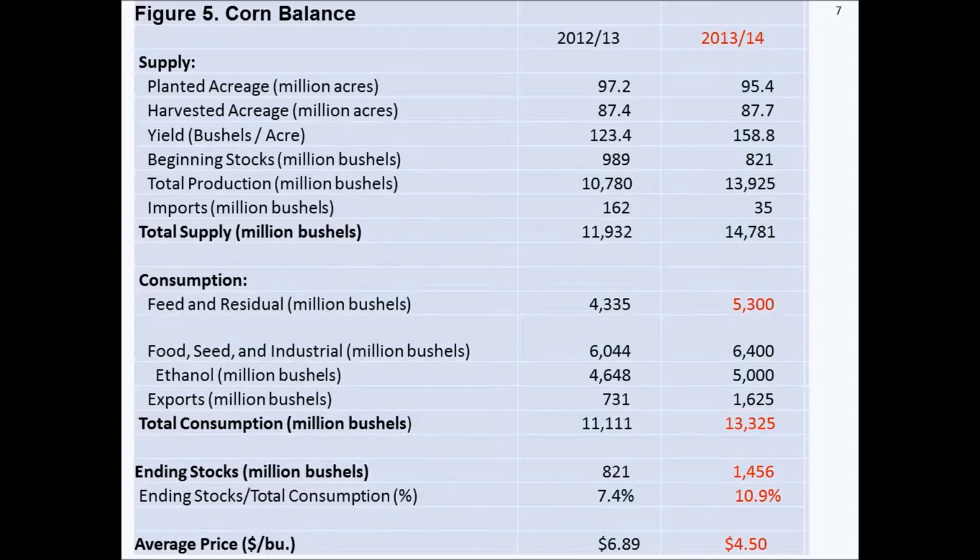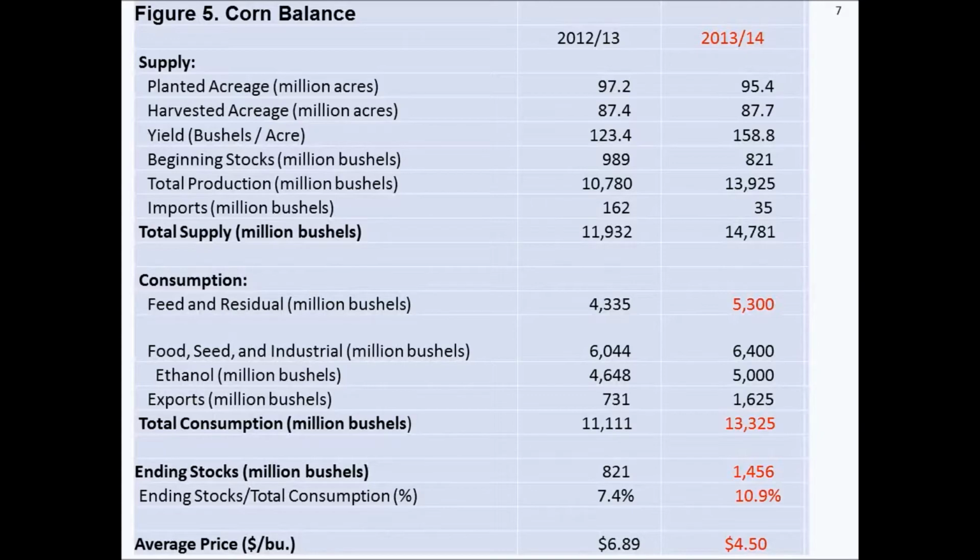We know that cattle on feed numbers will be down because of a smaller feeder cattle supply. We're seeing only modest changes in the number of broilers being produced. Probably will see some modest pickup in dairy cow numbers. But overall, animal numbers during the last half of the marketing year will probably be less than a year ago.